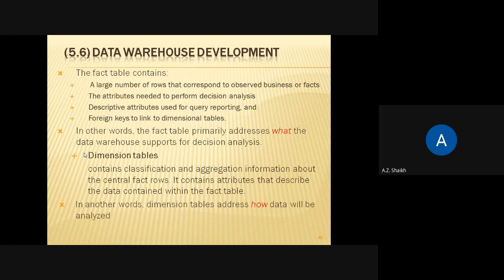If one of the attributes is used as a primary key of one table, but that primary key is used as an attribute in another table, that is called a foreign key. That means the primary key in the fact table is also available as an attribute in the dimensional table to make a link.